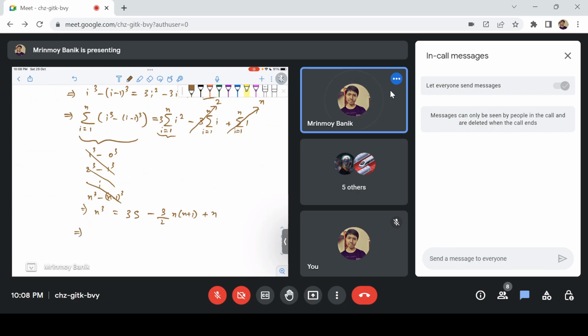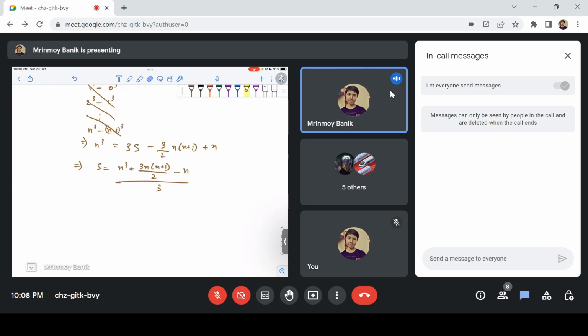So we get 3s equals n cube plus 3n into n plus 1 by 2 minus n by 3. So s is this. I guess simplifying we will get our result. So we already got 6 in the denominator.